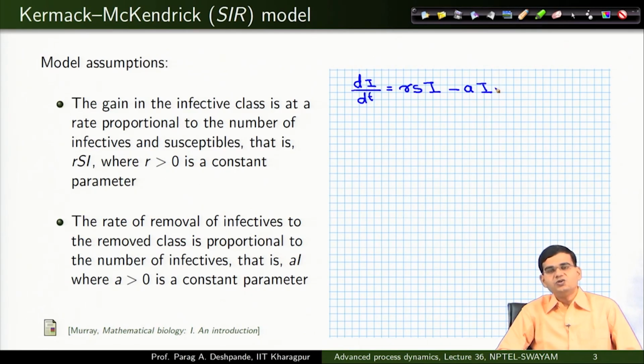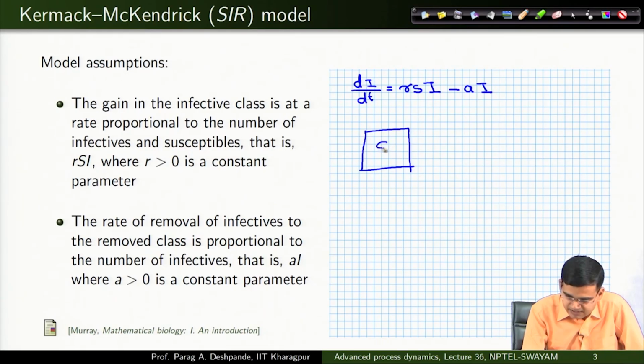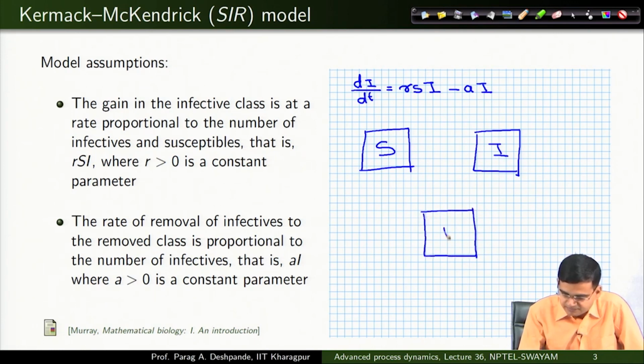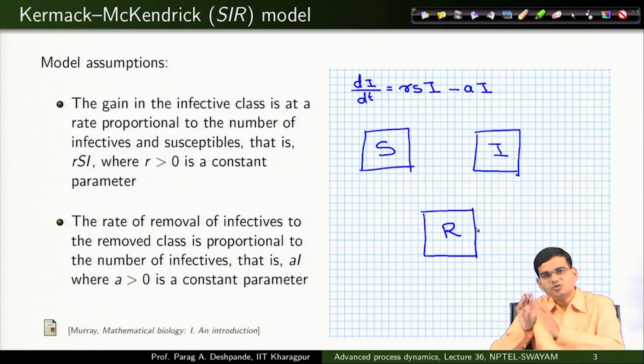But then if I look into the three compartments, I have a compartment S, a compartment I, and a compartment R. How can I represent the various flows, which means the movement or transfer of population from one compartment to the other, if I have these three compartments?